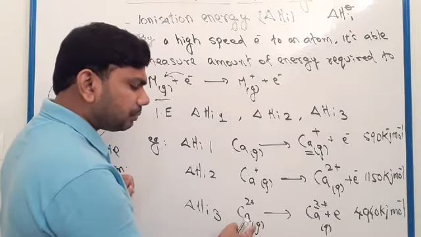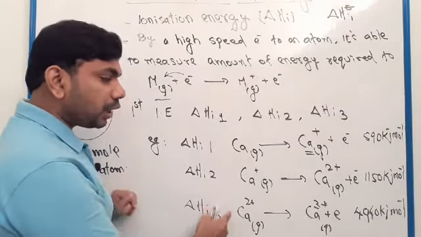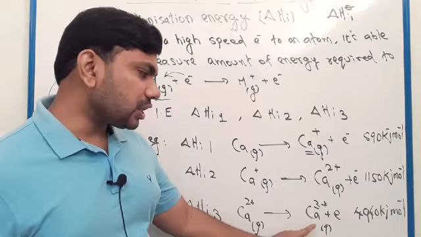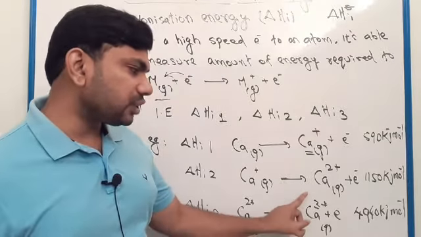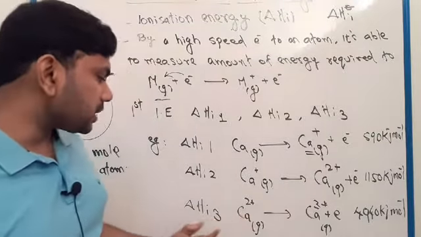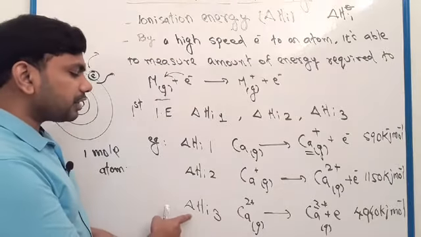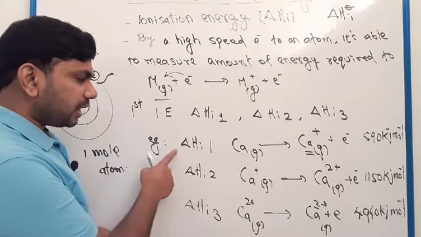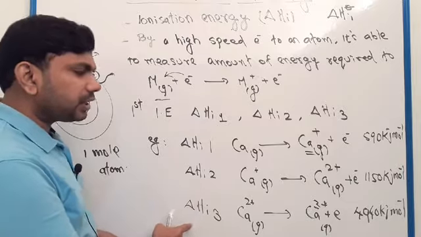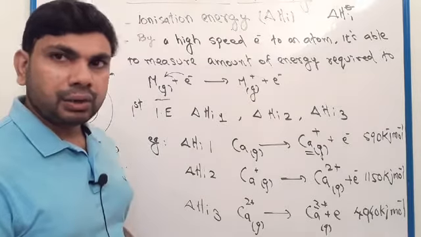From gaseous calcium 2 plus, we remove one more electron, then it changed to gaseous calcium 3 plus. The energy required for this process is third ionization enthalpy.